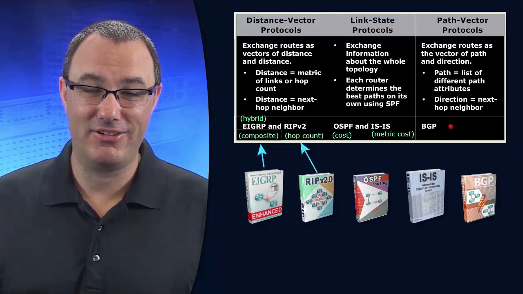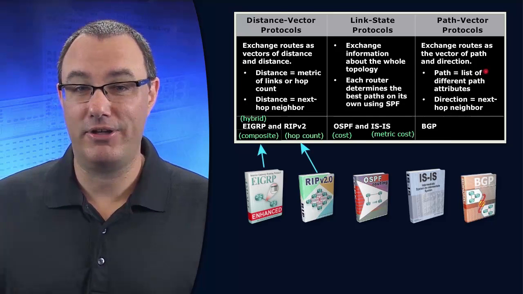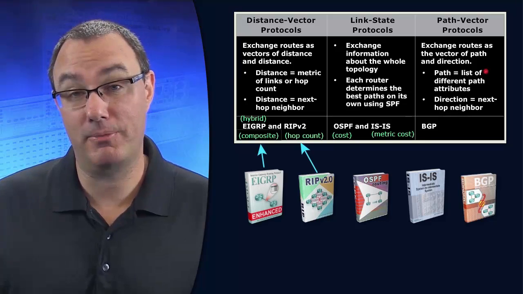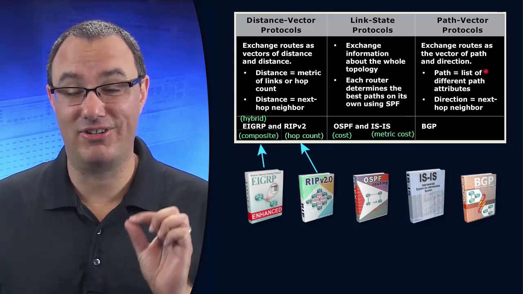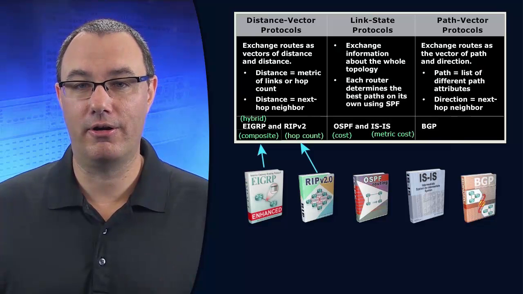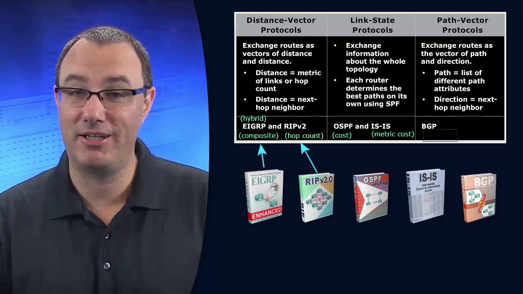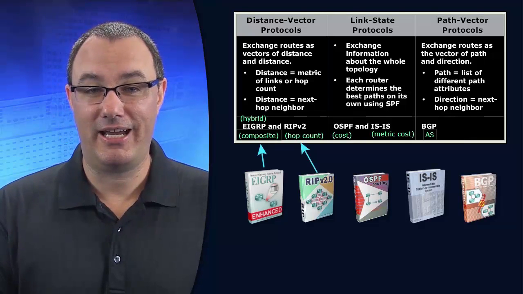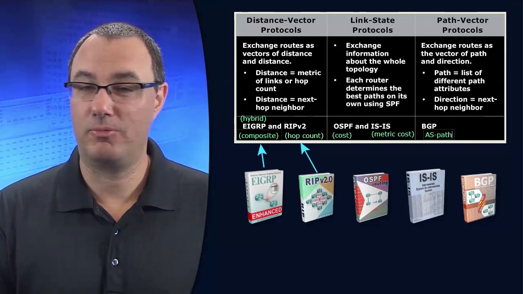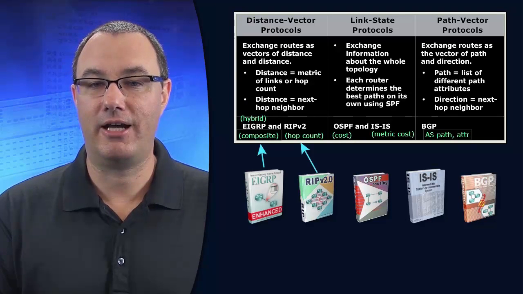It does maintain a list of the different autonomous systems. So there are a lot of metrics out there, and I'm going to say BGP uses the AS path. It's basically the number of autonomous systems and many different attributes.